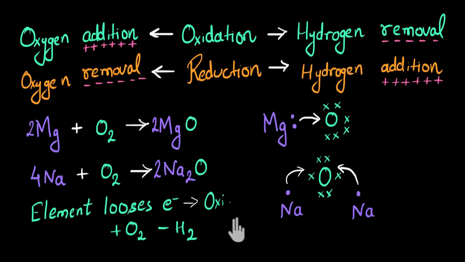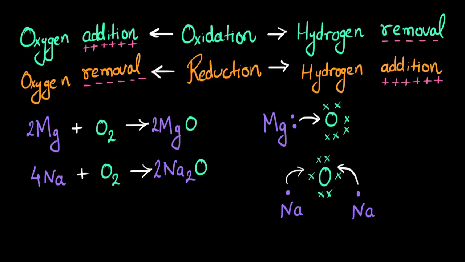This is a new definition for oxidation and reduction, and we are not going into detail of it. There is much more to this, and we have discussed that in a separate video. In this video, we are only talking about the conventional definition, which is that oxidation is where oxygen gets added or hydrogen is removed, and reduction is those reactions in which oxygen is removed or hydrogen is added.